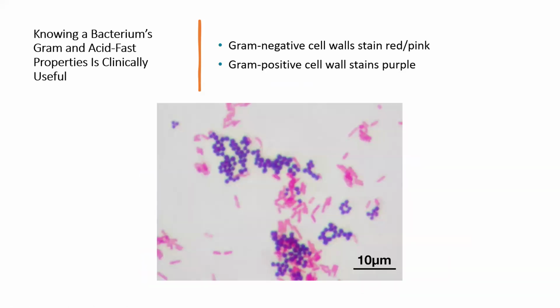And so when we do the gram stain, we can view the bacteria under the microscope, and the purple cells, which are these dark purple cells here, are going to be gram positive, and then these pink or reddish cells are going to be gram negatives. Now, one thing to keep in mind is that pink can sometimes look kind of purpley.